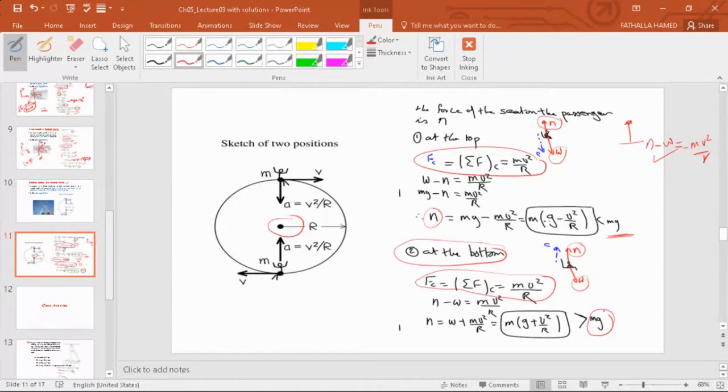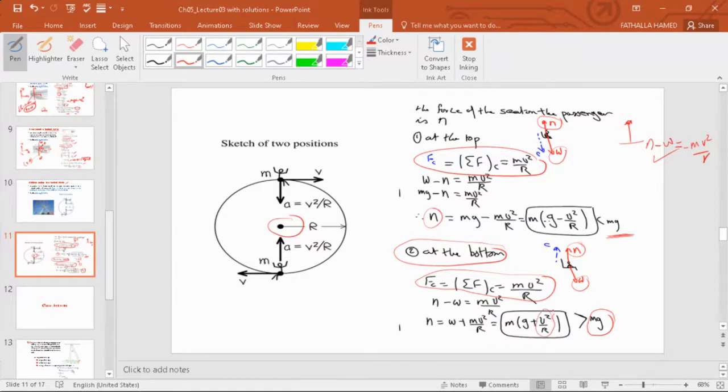If you're designing a seat, you might say you make the seat so that it can support your weight, which is mg. But when you are going around in a circular motion with a speed, then you have to consider this factor as well.